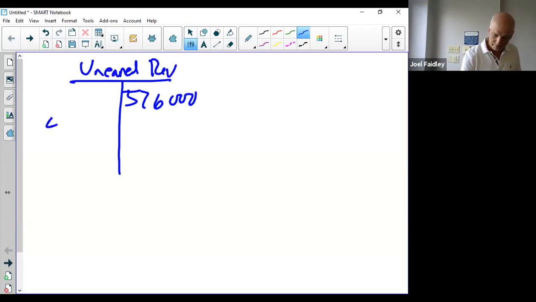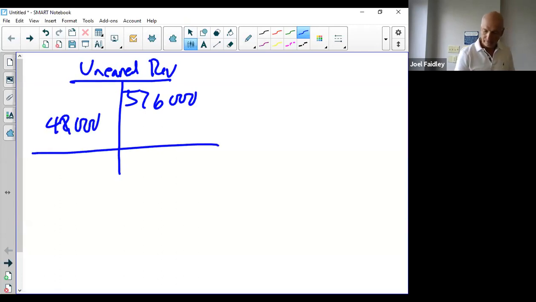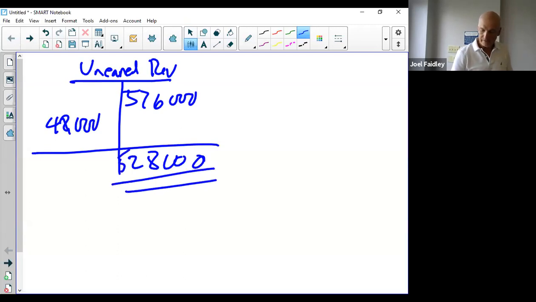Unearned revenue, so we're going to take 48,000 out of the liability account, and so now what's my balance? It's 528. So that's the balance on my balance sheet.